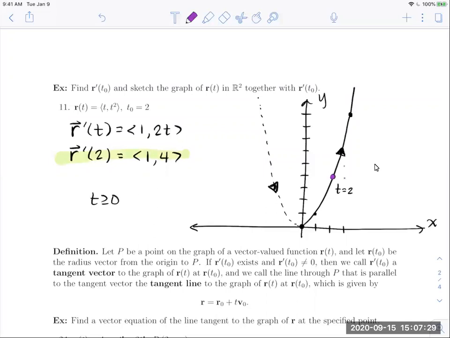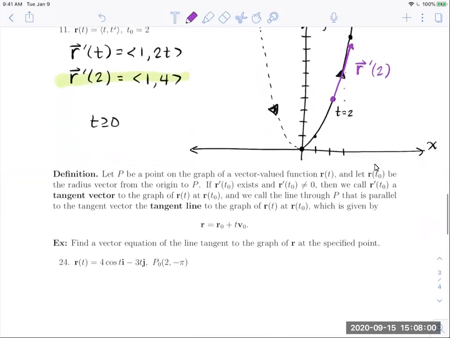So 1, 2, 3, 4. It's really close to my curve because it's just ever so slightly curving there. But this purple vector is r prime of 2. And again, you can visually see based on our graphing skills that this vector is tangent to that parabolic curve.